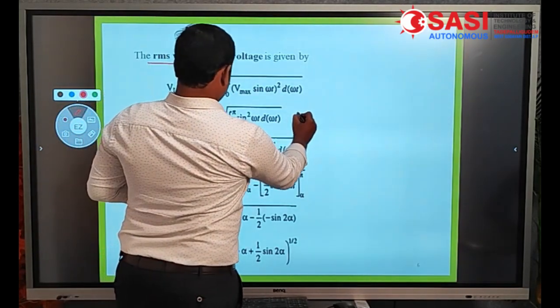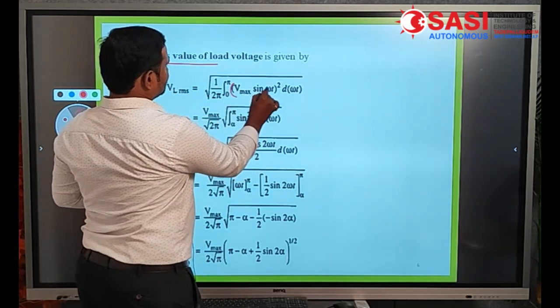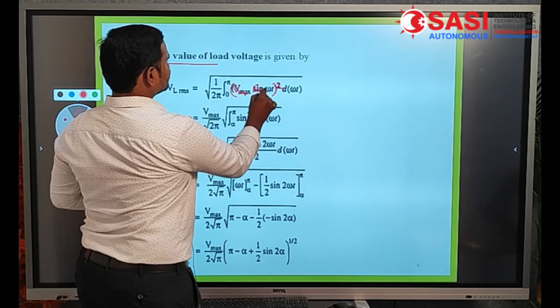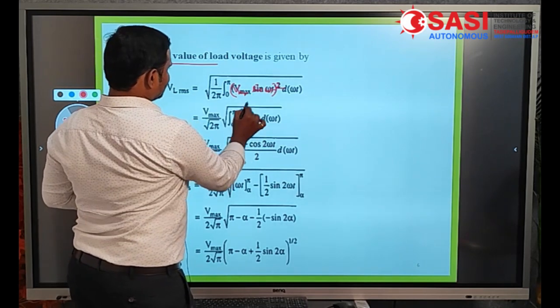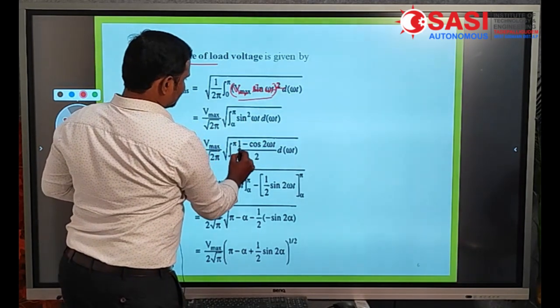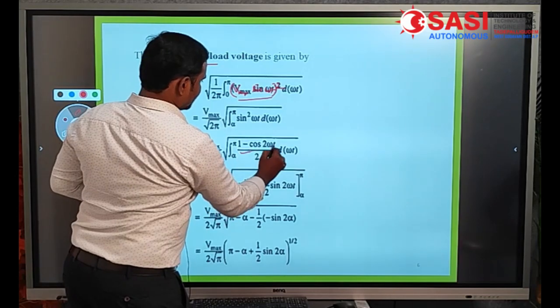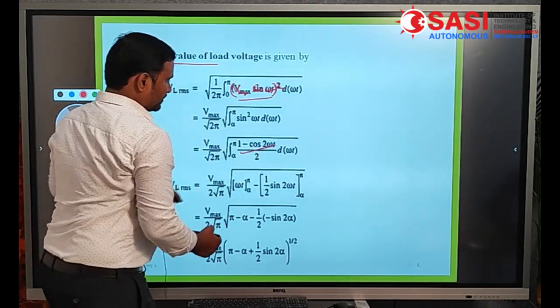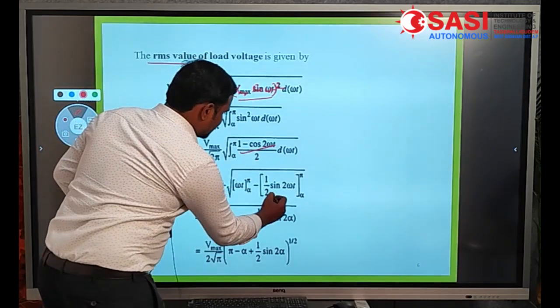So here, square root of total Vm sin omega t. You can write sin squared omega t in terms of 1 minus cos 2 omega t by 2. So we can integrate 1 by 2, and cos 2 omega t can be written as sin 2 omega t by 4.